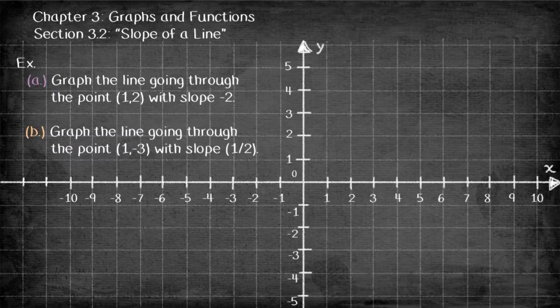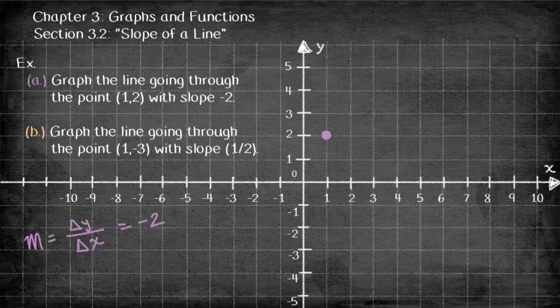So for this example, I'm going to draw the line going through the point 1, 2 with slope negative 2. So let me graph the point 1, 2. And if the slope is negative 2, then to figure out vertical and horizontal changes, we just have to make it a fraction that reduces to negative 2.